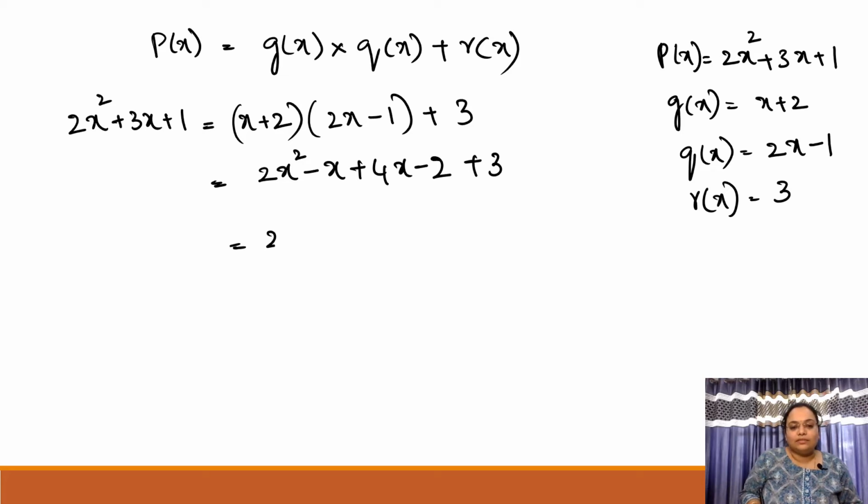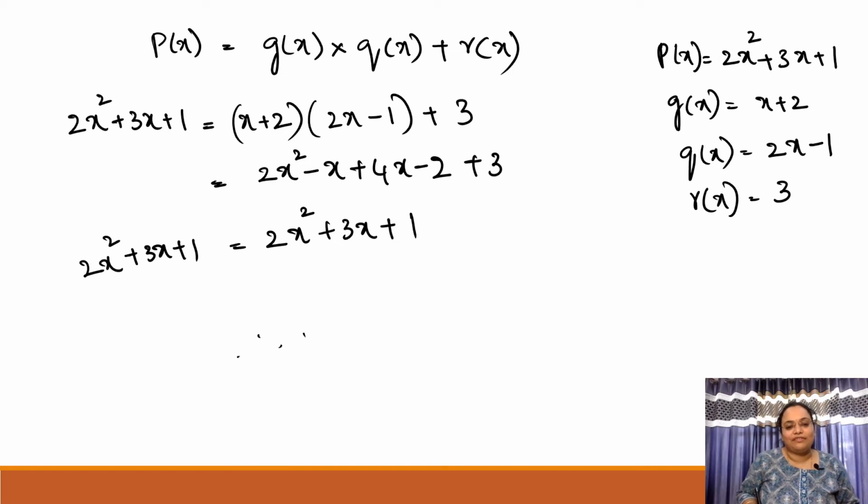That will be 2x square minus 1x plus 4x is plus 3x plus 1. Yes. So which is your p of x itself, right? So therefore it is verified. So this is your verification.